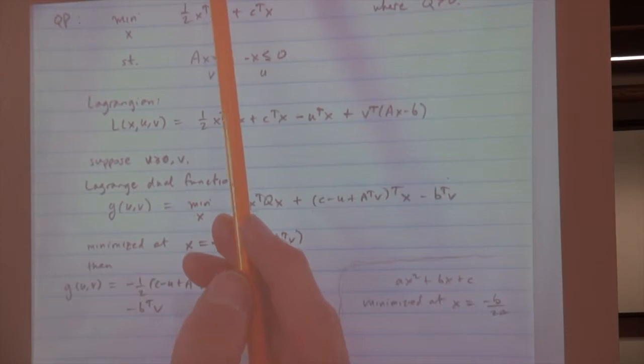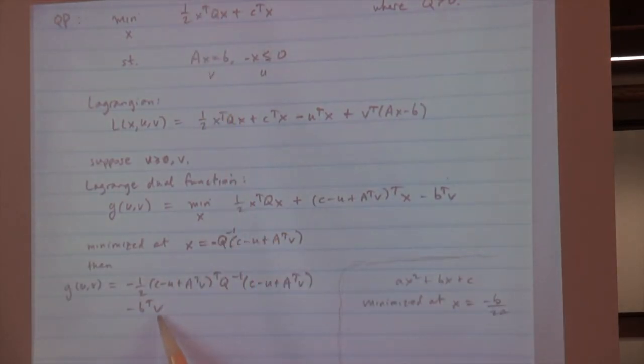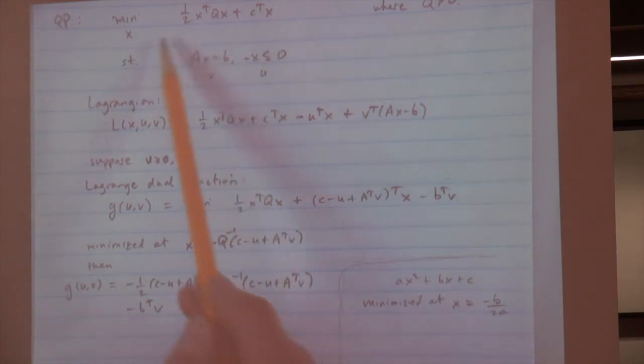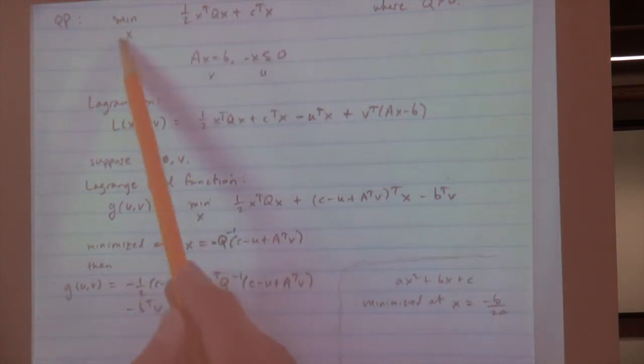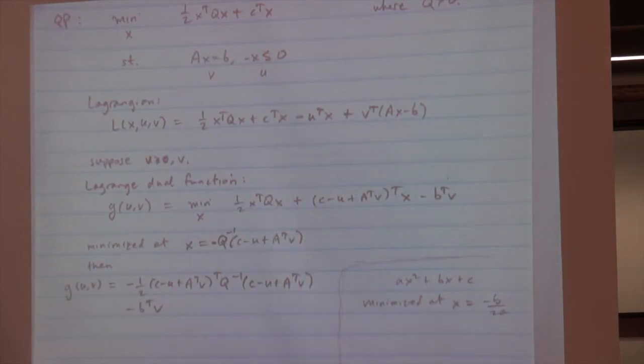What we know is that if I took u to be non-negative in each component and v to be anything, then this function is less than or equal to the optimal value of this problem. Pretty non-trivial if somebody just gave you that and asked whether it was true, but it's very simple how we constructed it and why it's true. So how would we get the best lower bound possible?